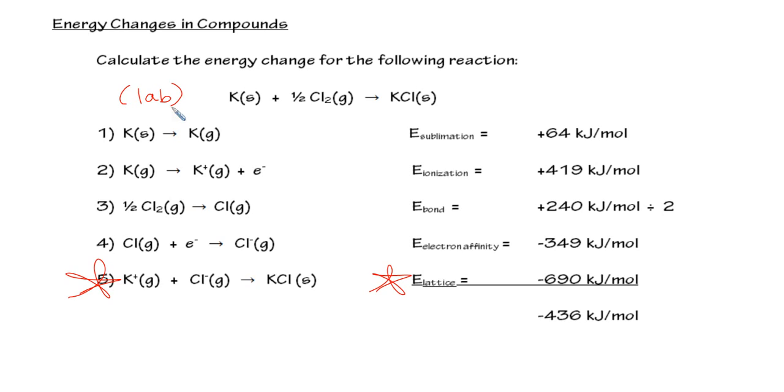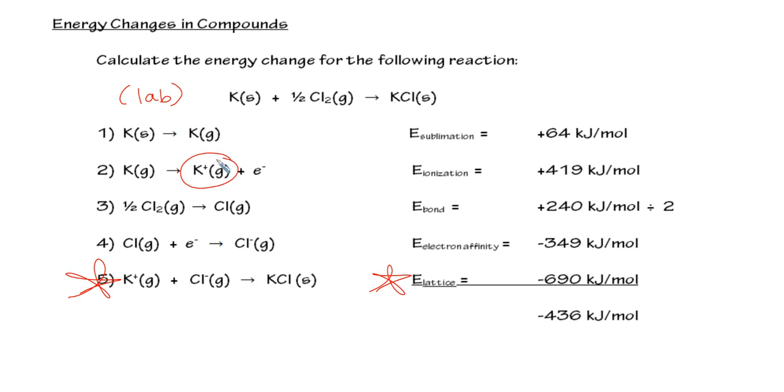There is attraction within the atom. But now look what I got. Potassium ions in the gas phase. That's what I need in order to form this ionic compound. So the first two steps were really to prepare the potassium. We turned it from the solid phase to the gas phase, and then once in the gas phase, we removed the electron. Perfect. Potassium is ready to rock and roll.